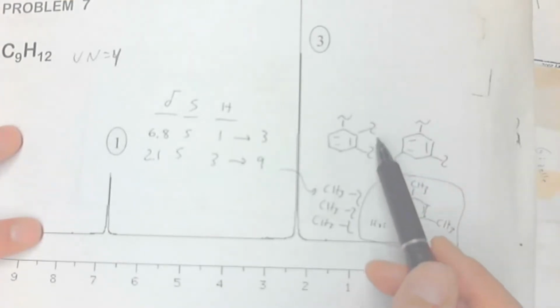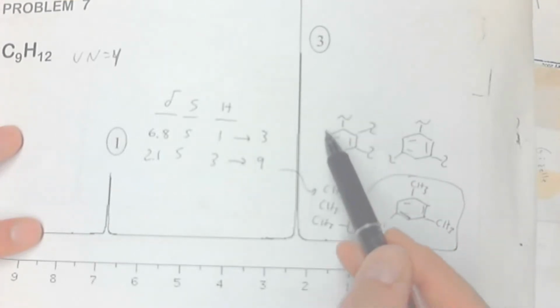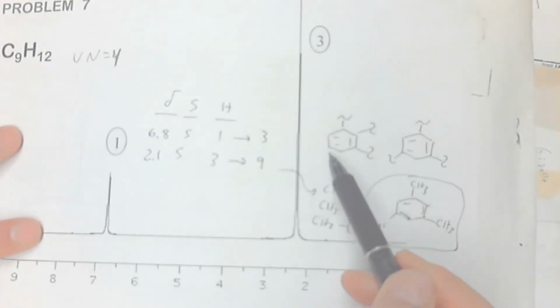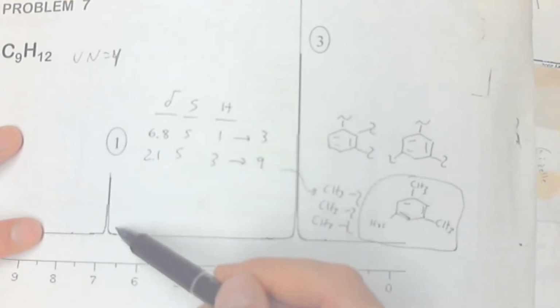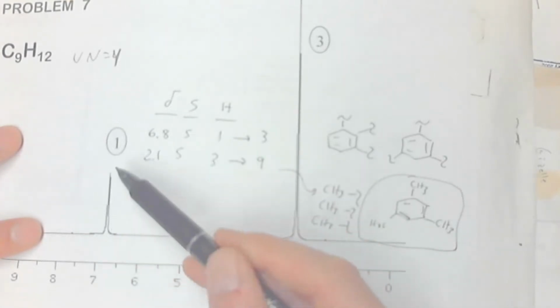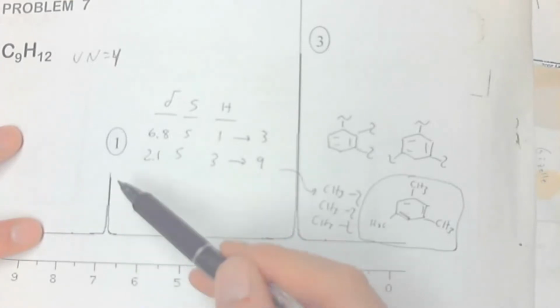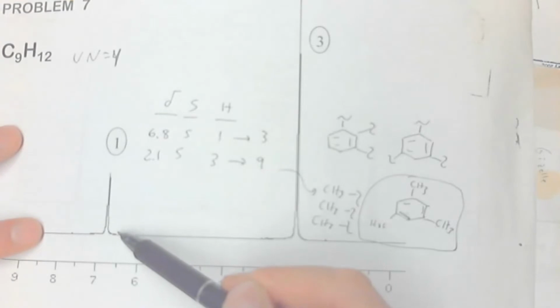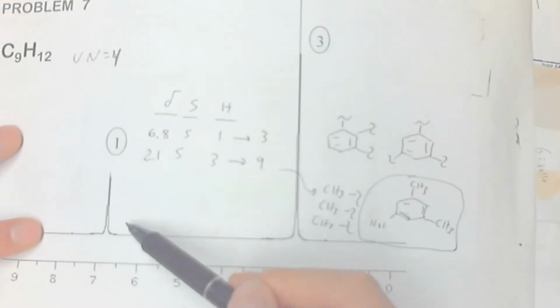The issue is, if it was the one on the left, then these guys would be the same, but that would be different, right? These would be the same, and that would be different. And the fact that you have this very overly simple singlet, that would be consistent with like 3 identical CHs, right?